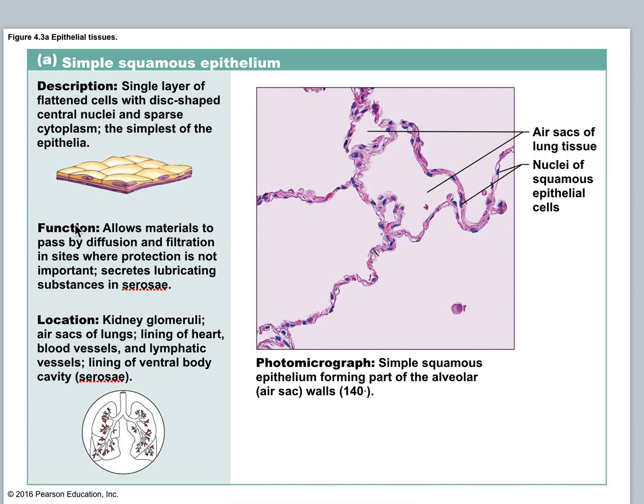It lists the function of the tissue and the location of the tissue. And it also shows a picture of a microscopic view of this tissue. So this will be helpful in comparing the different tissue types together. You'll need to be able to identify these tissue types and be able to identify, for example, something like this as a simple squamous epithelial tissue.